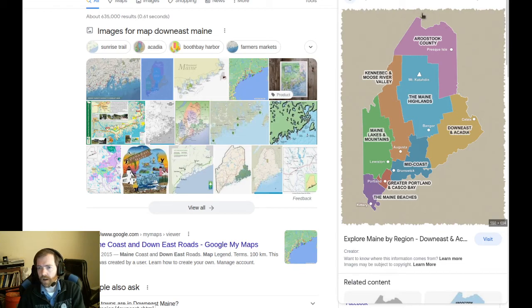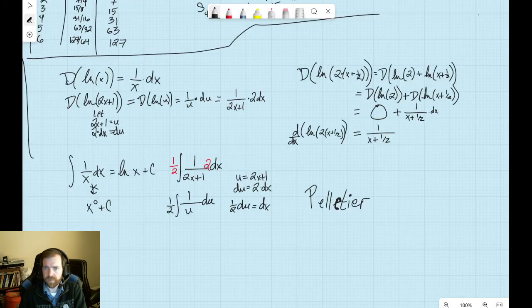Aroostook County is all the way up here, and this is all coastline. I can't remember if this is just a river right in here, but either way, Downeast is a very specific accent, and it has a very specific sound to it.